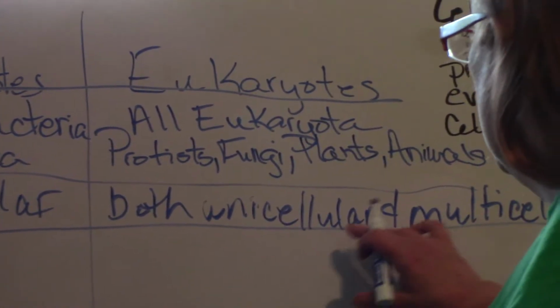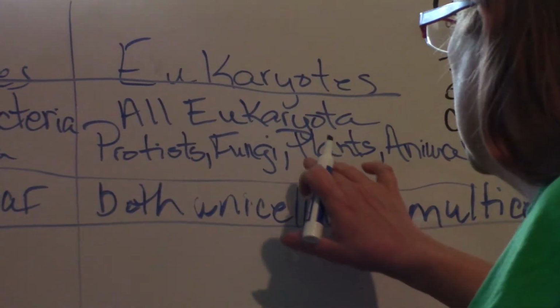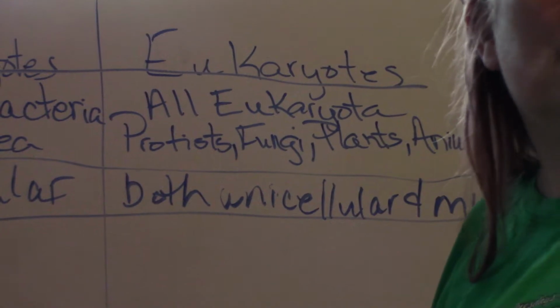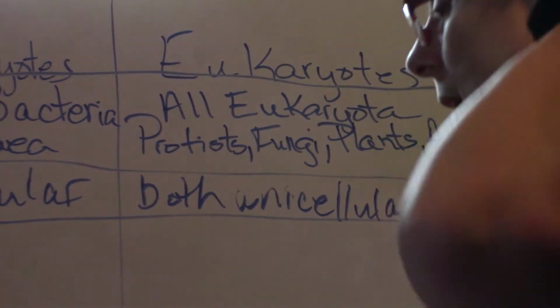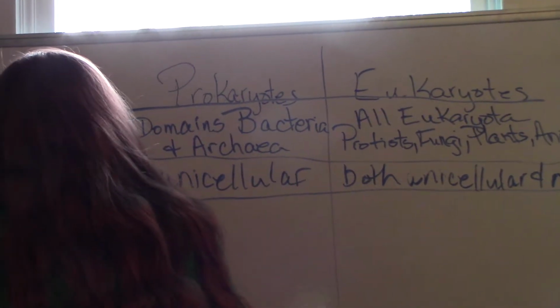Okay? Then the fungi, plants, and animals: most of the fungi are multicellular. All of the plants are multicellular. And all of the animals are multicellular. Okay? Next, size of cells.